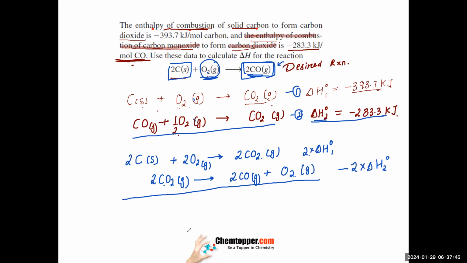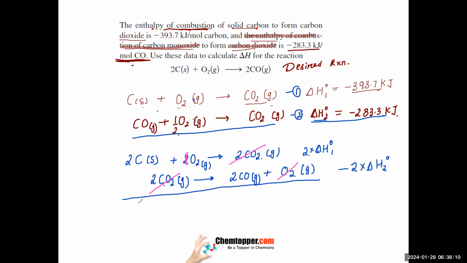Now add these two reactions and see whether you are getting the desired equation. So what all is cancelling out? 2CO2 and 2CO2 cancel. 1O2: out of 2, only 1 is left.